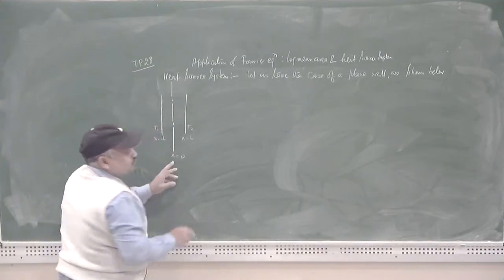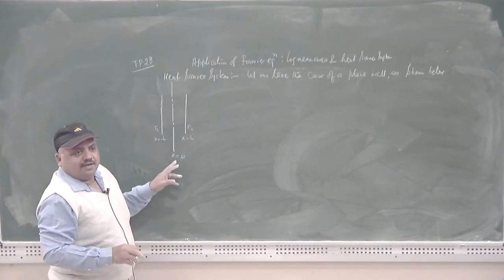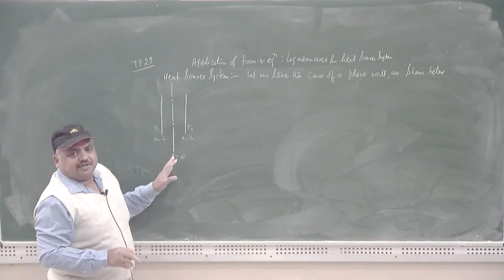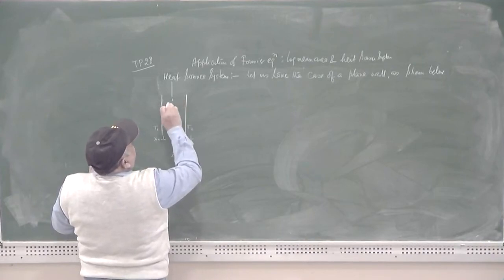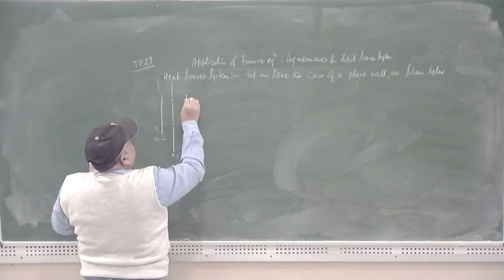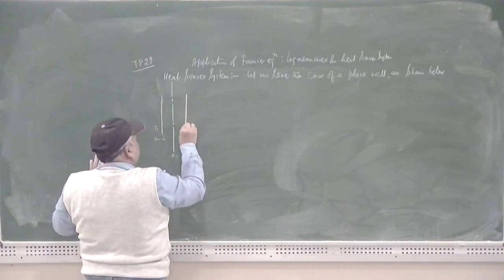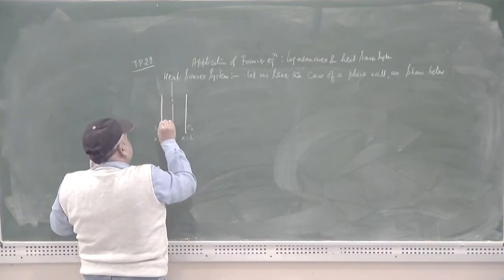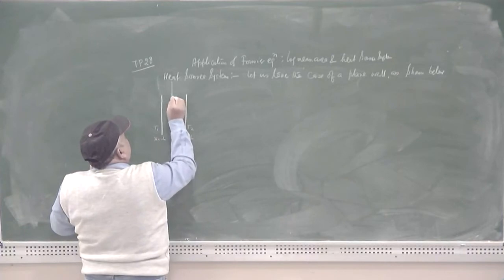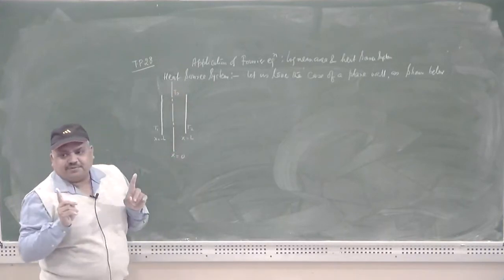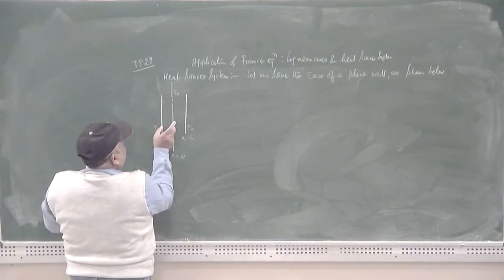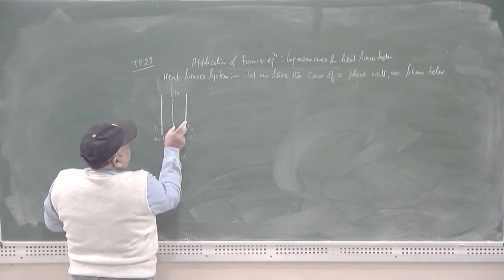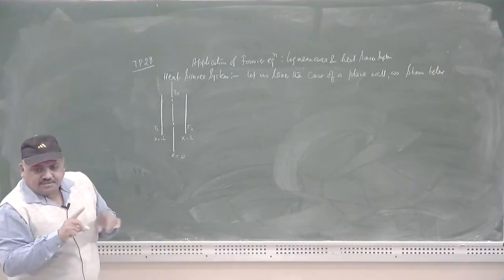This center line of the plate is chosen as a temperature axis in order to have a symmetry in the temperature distribution, because this plane wall contains a heat source which is distributed uniformly throughout the volume of this plane wall, and so at the mid of the plane, let x is equal to 0, maximum temperature T naught can be achieved because of the fact that the geometry of this section is similar to each other.